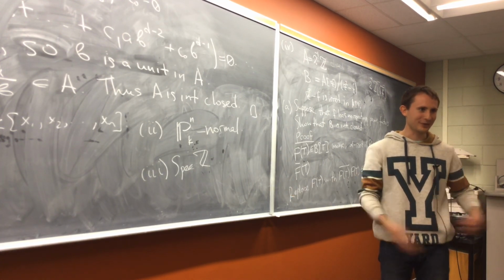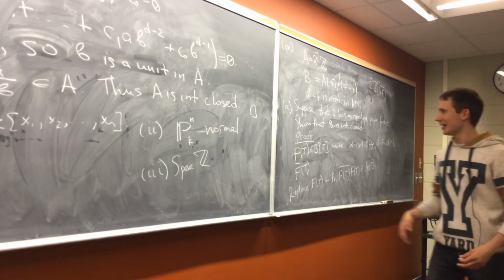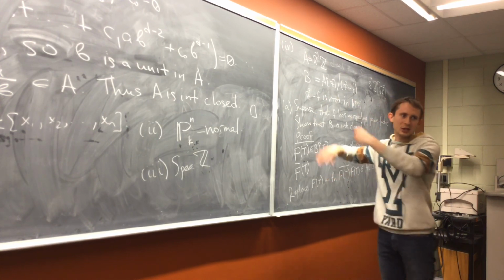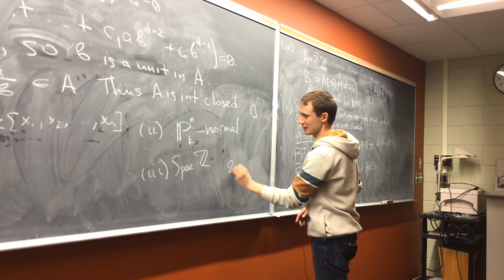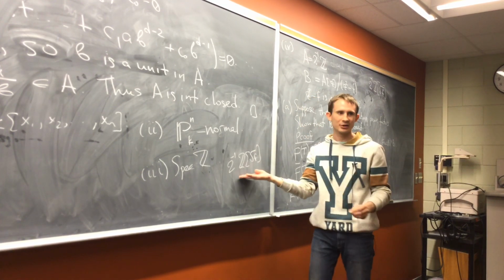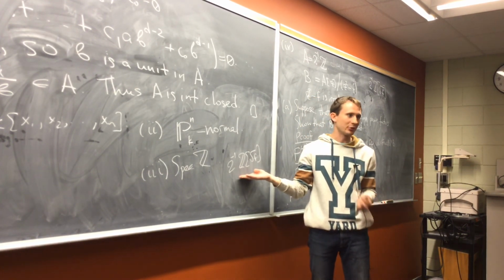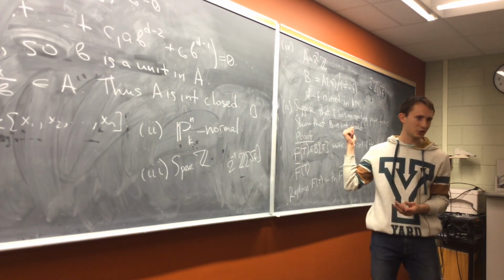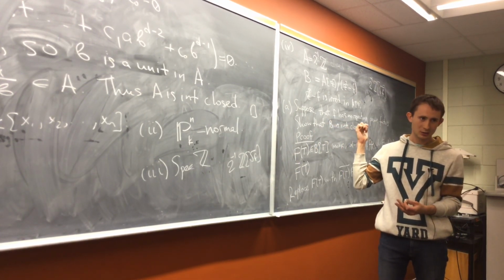Picard groups are analogs of class groups, and you are looking at this very number theoretical ring, the thing that algebraic number theorists study, from the perspective of algebraic geometry. That's what you do. Okay?